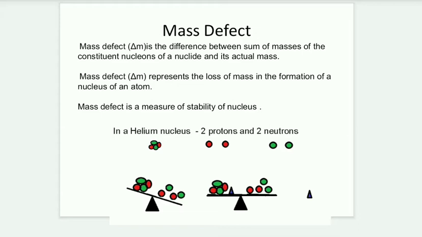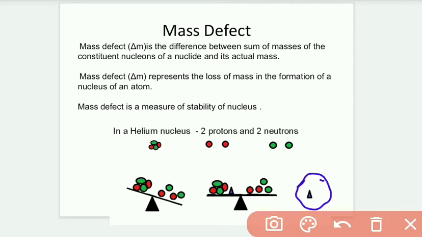Okay, and if we try to keep some mass on the nucleus side in order to keep it in balance, and that weight that we are additionally adding to make the weight of the nucleus and the weight of the constituent particles equal, that weight is known as mass defect.